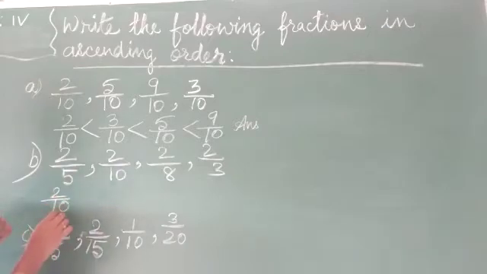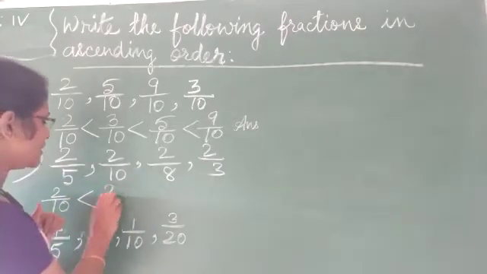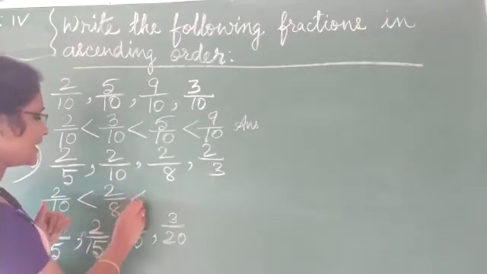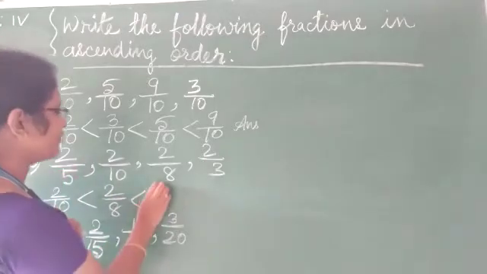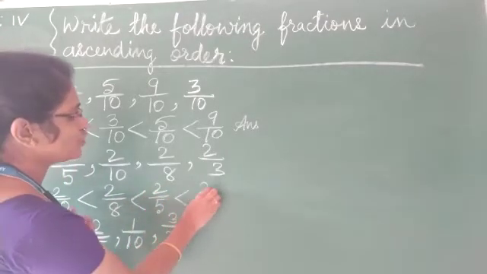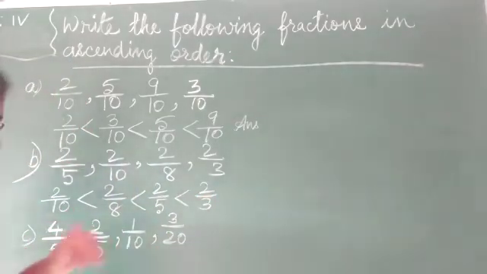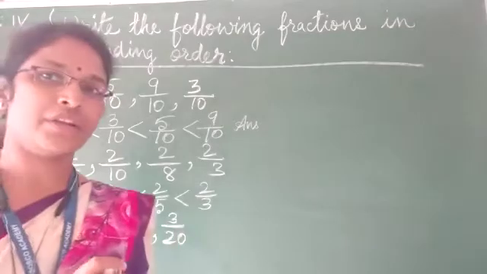We write 2 by 10 as the first fraction, which is smaller than 2 by 8. Then the next fraction is 2 by 5 and the greatest among them is 2 by 3. Now we can see the next question.